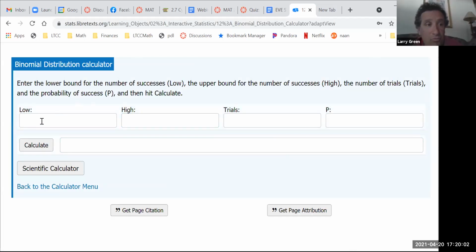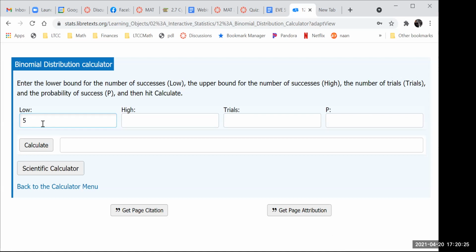So then we plug in, what is the low? Remember, the question is find the probability that between 5 and 10 of those 15 people were vaccinated with at least 1 dose. Yeah, the low is 5.